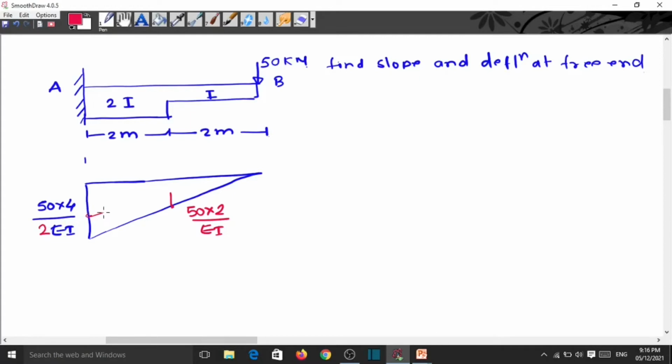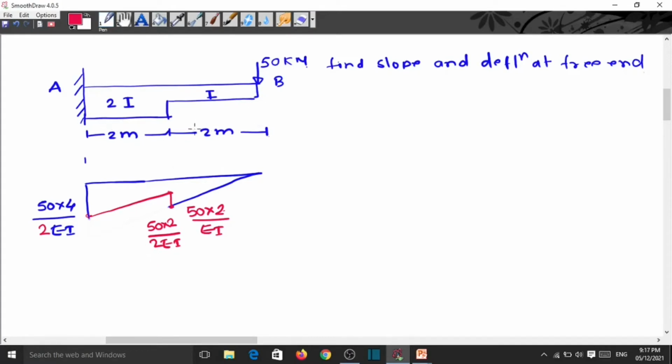So here is 50 into 2 at the 2 EI. Now this value is for this location, and is 50 into 2 divided by EI for this location. Now we remove this. So this is the BMD for this cantilever beam.